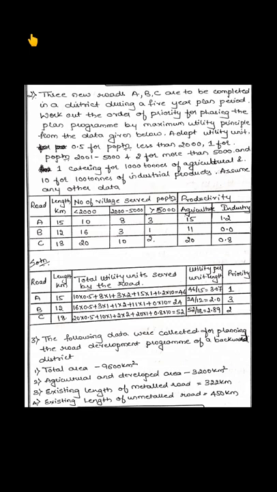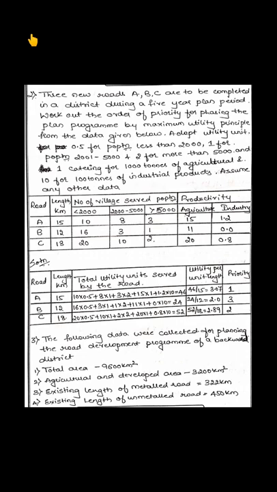So we'll take one more numerical here from the utility factor, utility per unit length. I will just read the question. Three new roads A, B, C are to be completed in a district during a 5-year plan period.